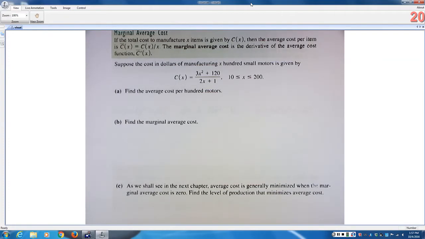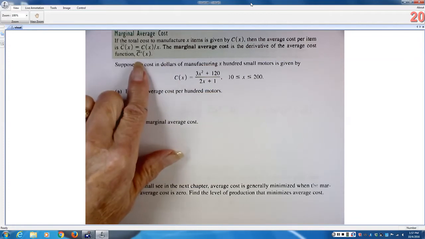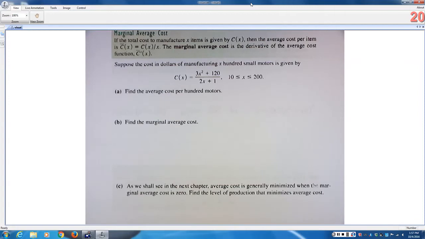So if the total cost to manufacture X items is given by C of X, the cost function, and the average cost per item is C average of X, meaning C of X over X, then the marginal average cost is the derivative of C of X over X, which is C prime average, okay? Now be careful with the notation and the language here.